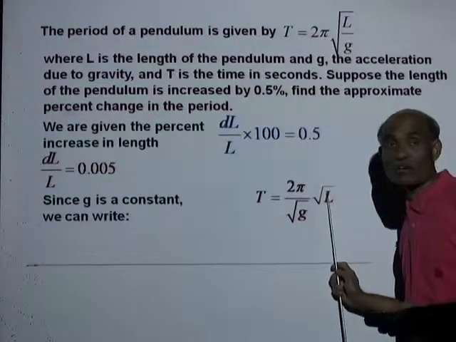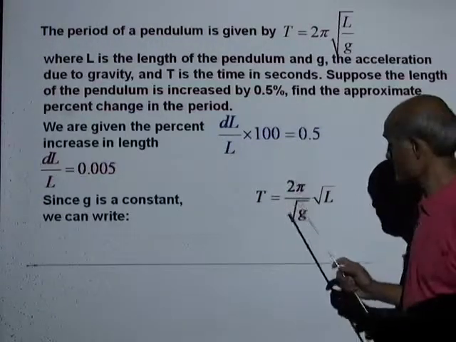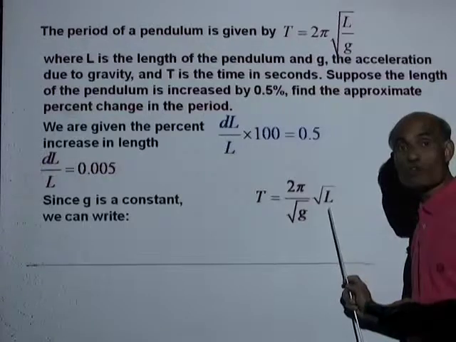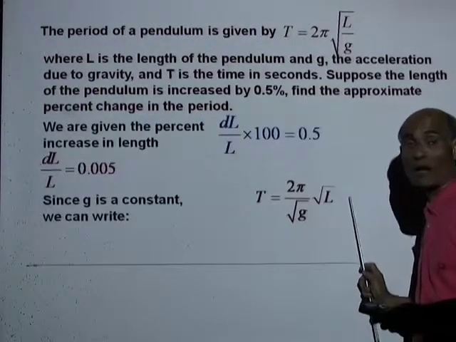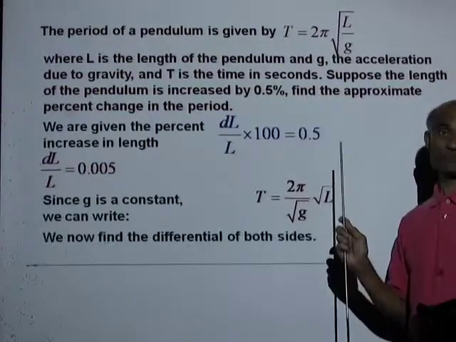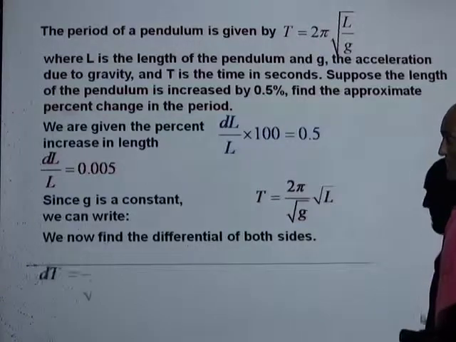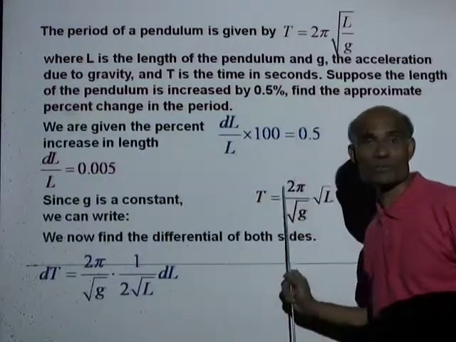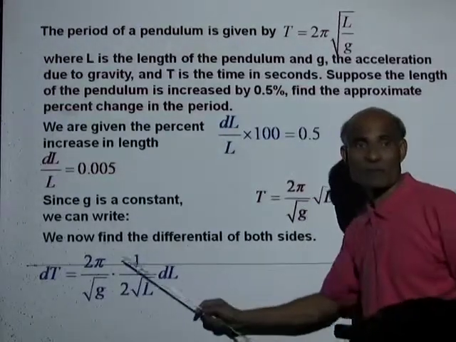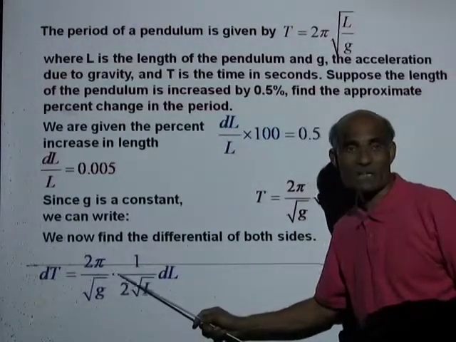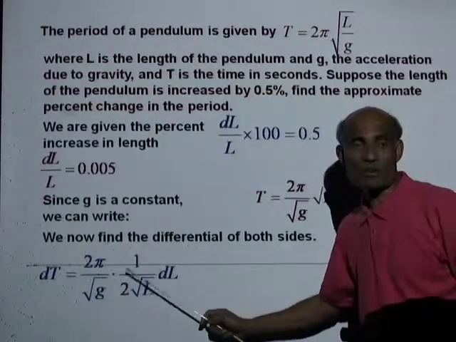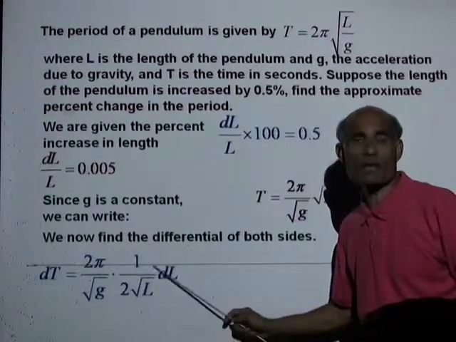The differential of square root of L is, we did one like this before, 1 over 2 square root L times dL. So, finding the differential of both sides, we get dT equal to 2 pi divided by square root of G times 1 over 2 square root L dL.